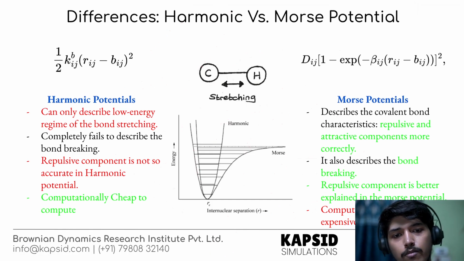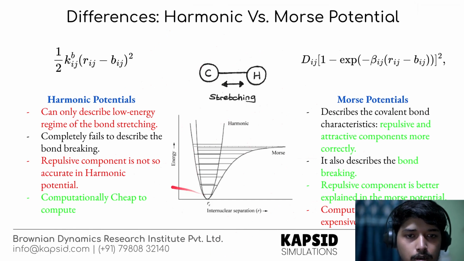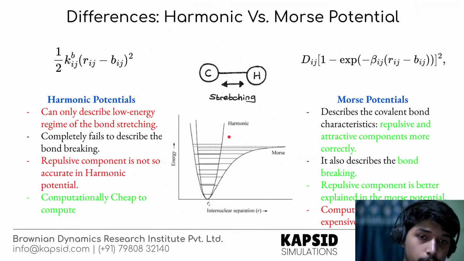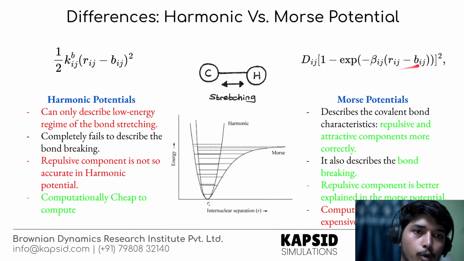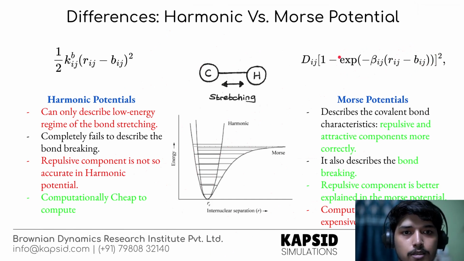So why is this a problem? Okay, sorry. We know this is a problem, but why do we actually do that? We do that because harmonic potentials are very easy to compute on a computer, while these exponential terms are pretty expensive for the computer to calculate at every step, millions of times.